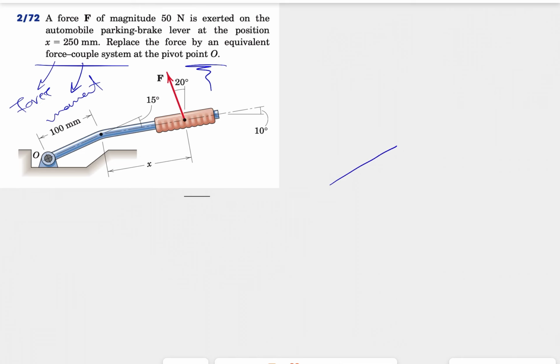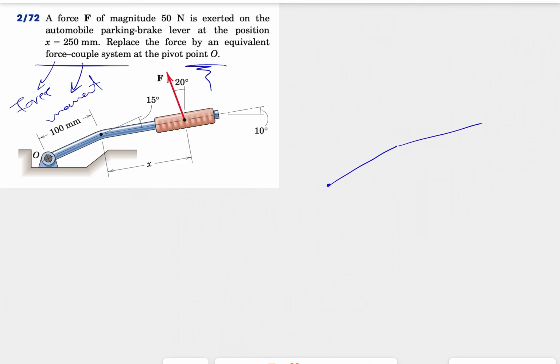So we have two different angles in here. Let's call this point O, and we have the force F, which from the question we know is 50 Newton.